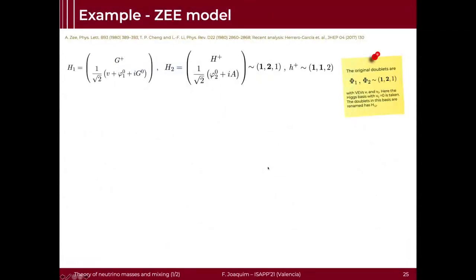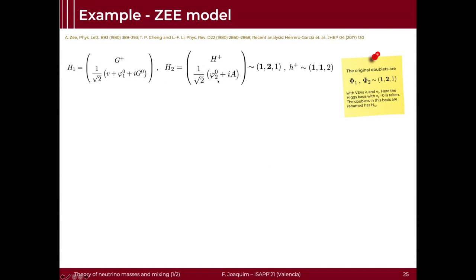Okay, some example. The Zee model is a famous example of a radiative neutrino mass mechanism. So we have 2 Higgs doublets, and we have a charged scalar. This charged scalar transforms as (1, 1, 2), so it's a singlet of SU(2) with hypercharge 2. The doublets transform just as the standard model Higgs doublet.